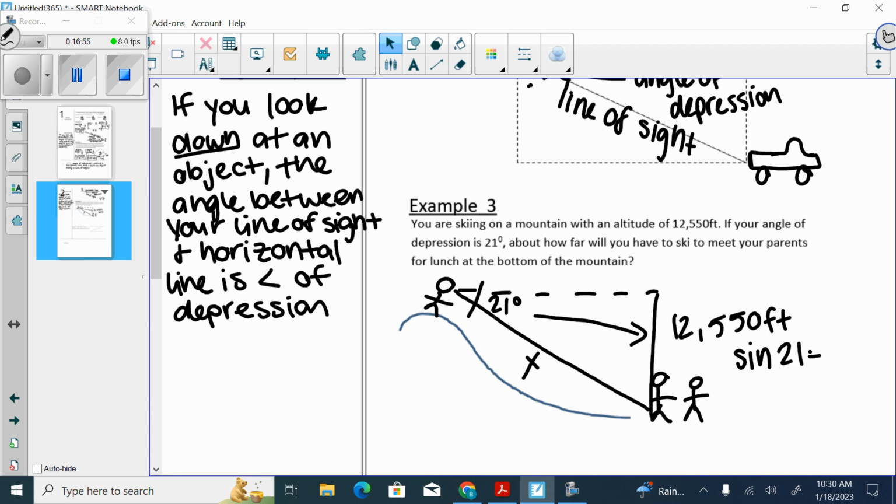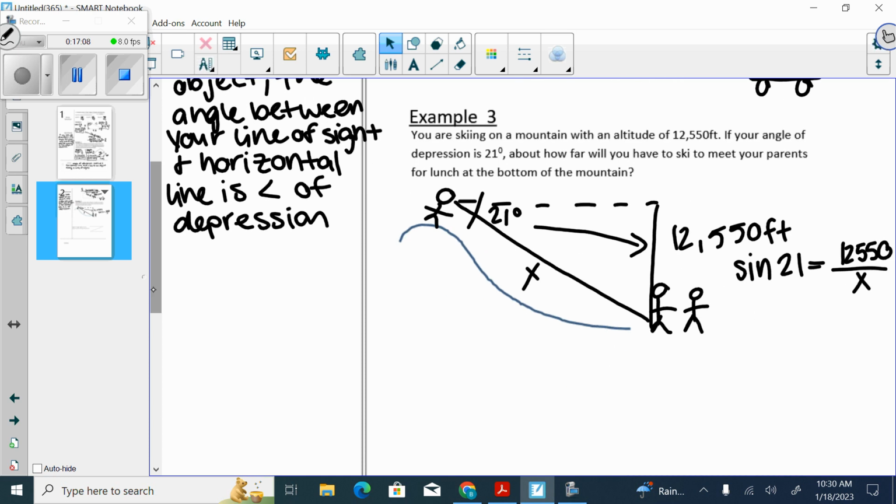So sine of 21 equals opposite over hypotenuse. How do we solve? 12,550 divided by sine 21. Very good. So we cross multiply and we get x times sine of 21 equals 12,550, and then we have to divide.